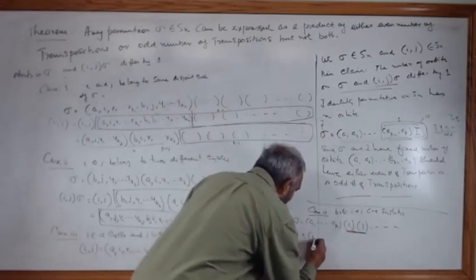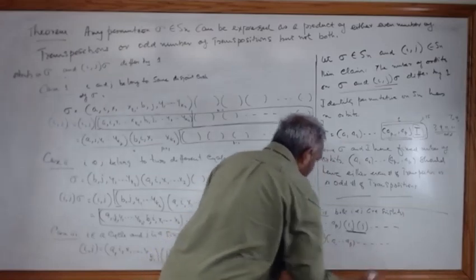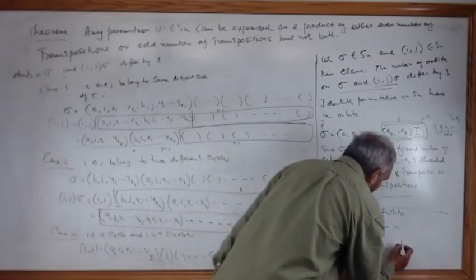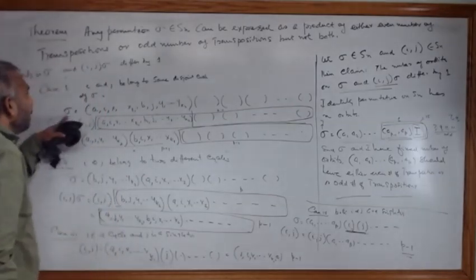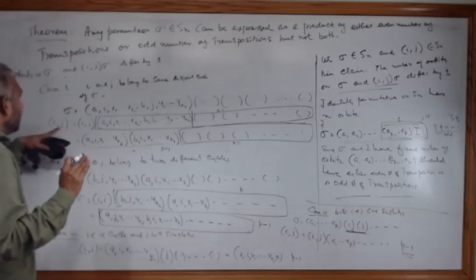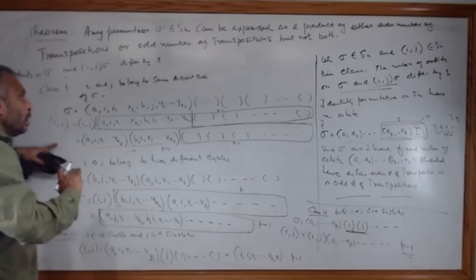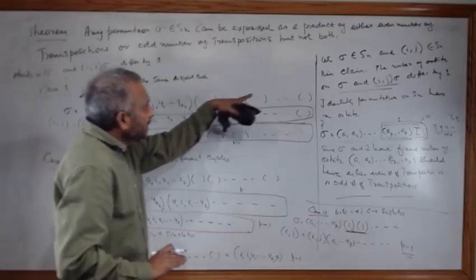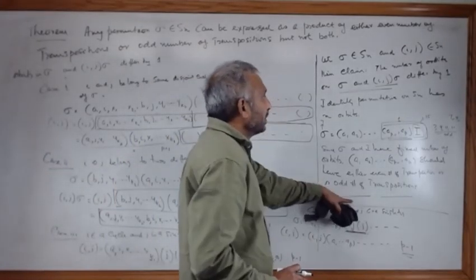So (i j), then (a1 ... ap ...). That means you are combining these two together, so this will have p minus 1. So if sigma has p orbits or p disjoint cycles, then (i, j) sigma contains either p minus 1 or p plus 1 cycles or orbits. And that is exactly what we are looking for here. Once you get that, then we have the result.